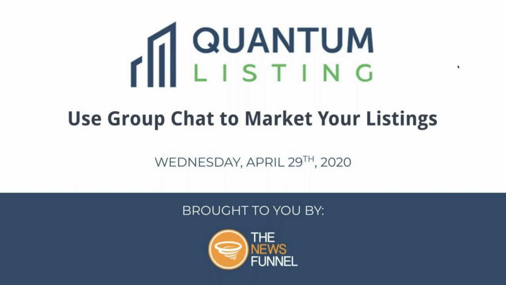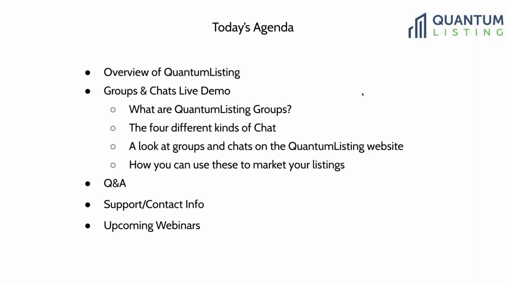Now that that business has been taken care of, our agenda today is to give you first an overview of Quantum Listing for those of you that are new, and then we're going to do a group and chats live demo.